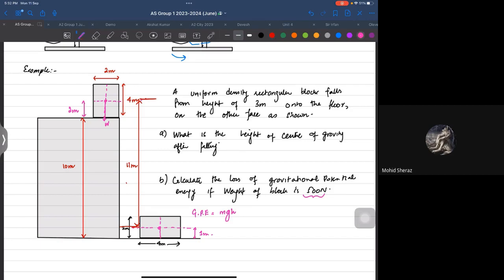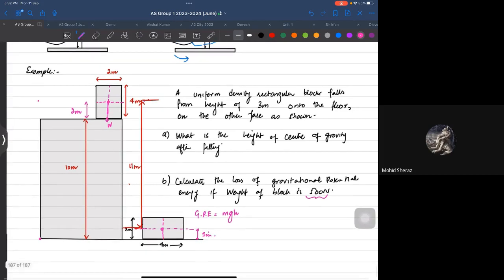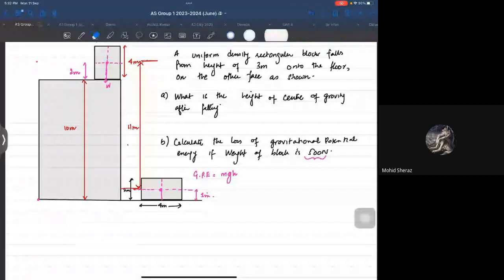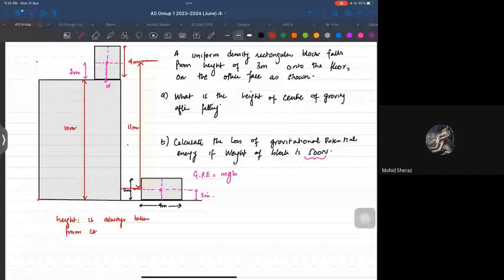So basically what I've done is, from here till the old center of gravity was 12, and the new center of gravity is at 1. So I subtract 1 from 12 and I get 11. What you guys need to remember is that questions were simpler in IT, so you didn't have to do this, but height is always taken from the center of gravity to the new center of gravity.